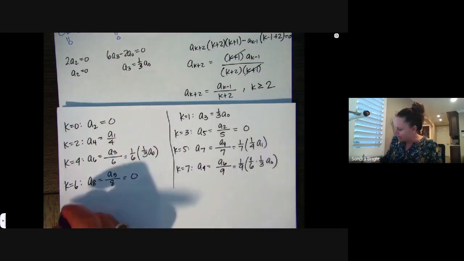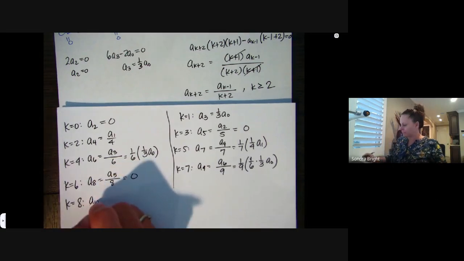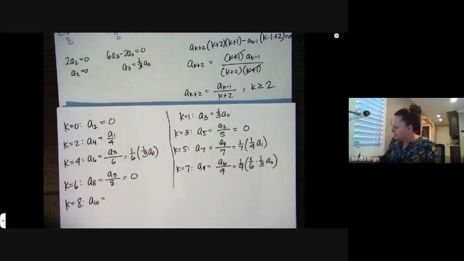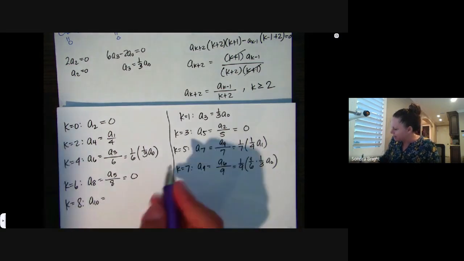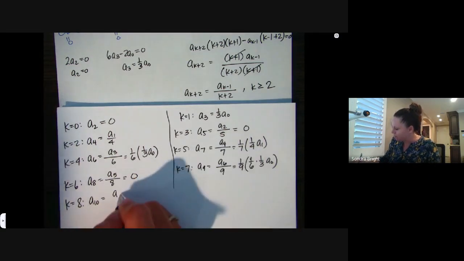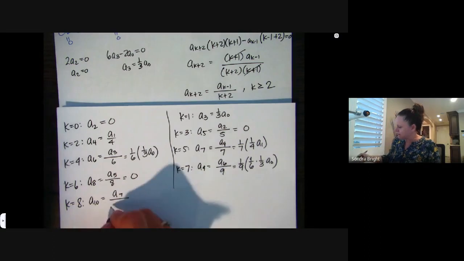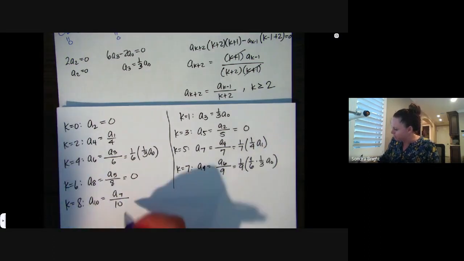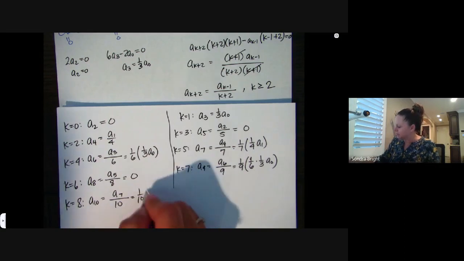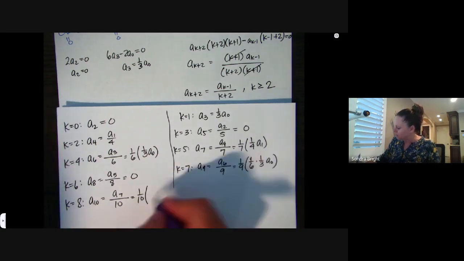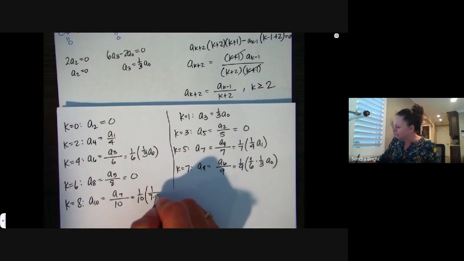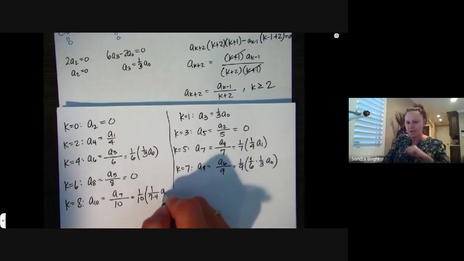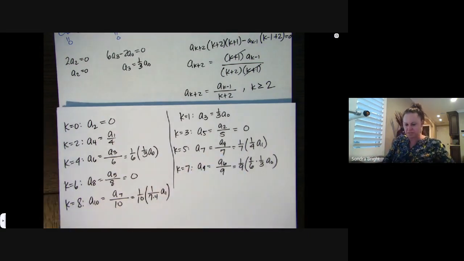When k is 8, you'll have a10, which would be a7 over 10. And a7 was 1 over 7 times 1/4, and then times a1. Okay, I think that's going to be enough for us to figure this out.